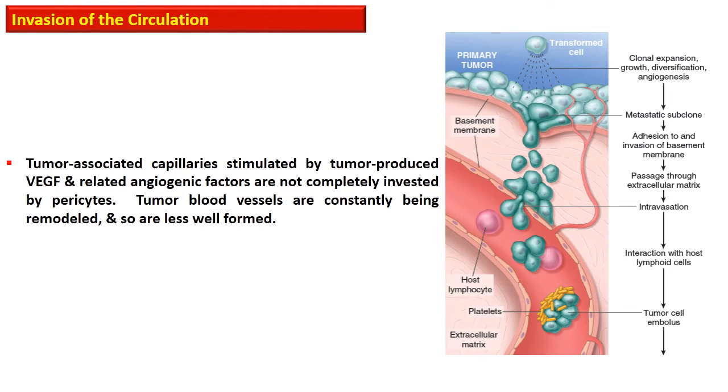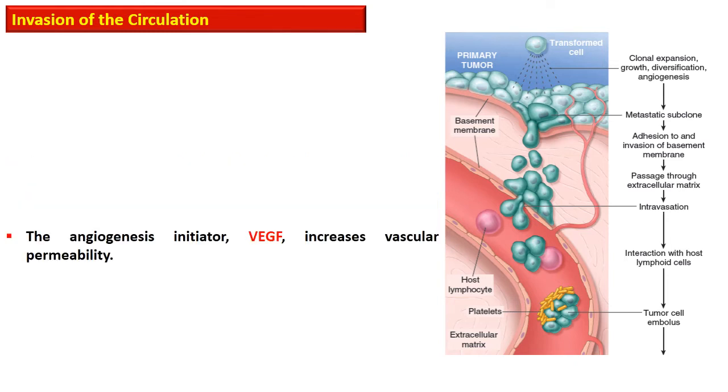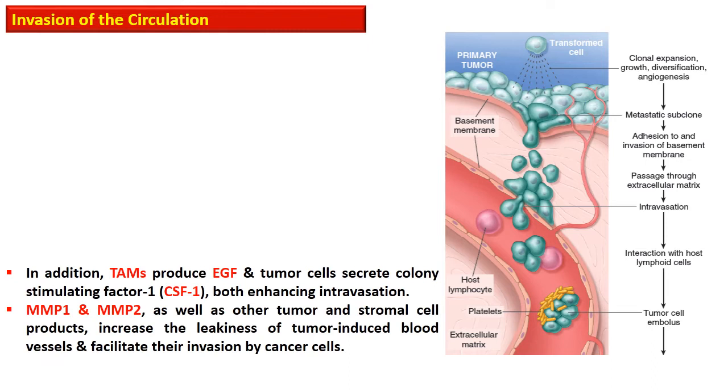Vascular intravasation is made more favorable because the tumor associated vessels are not completely invested or protected by pericytes. Moreover, the vascular endothelial growth factor that is present in this environment also increases vascular permeability.